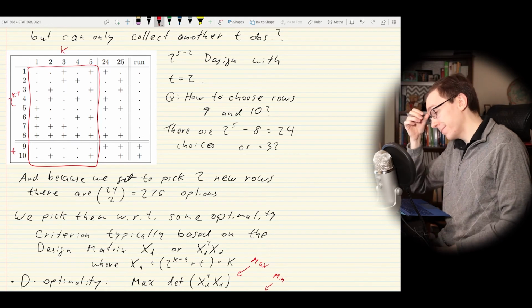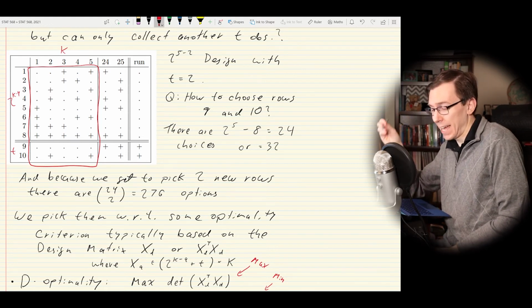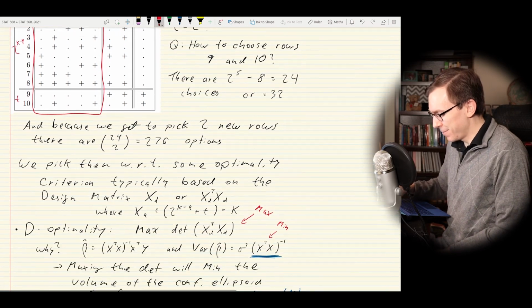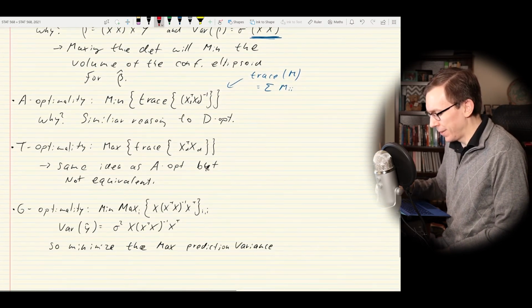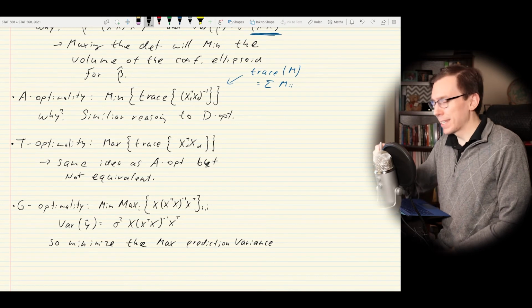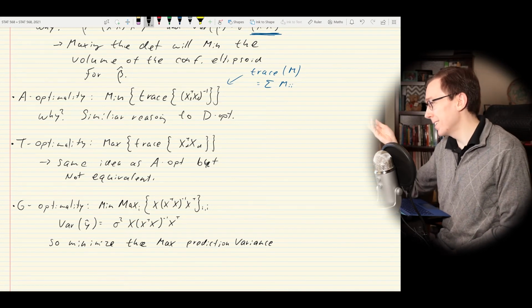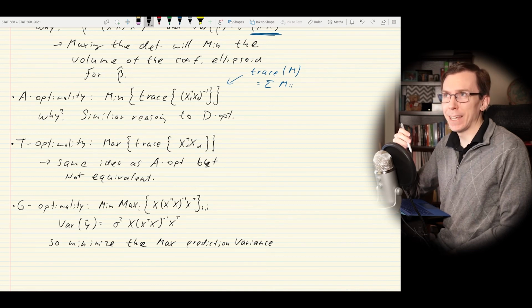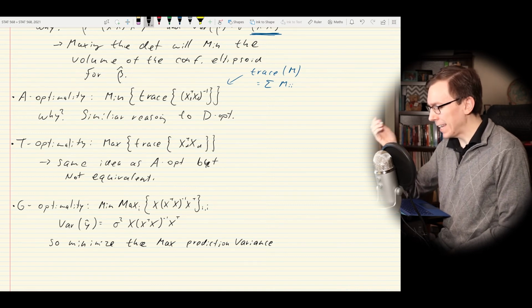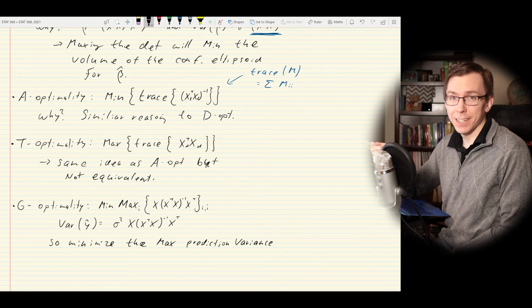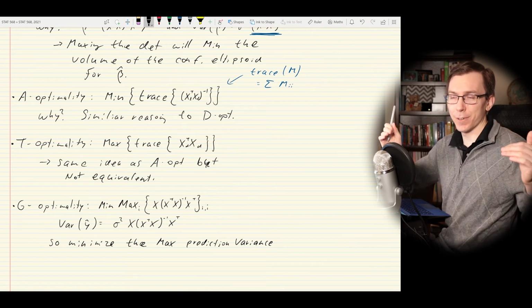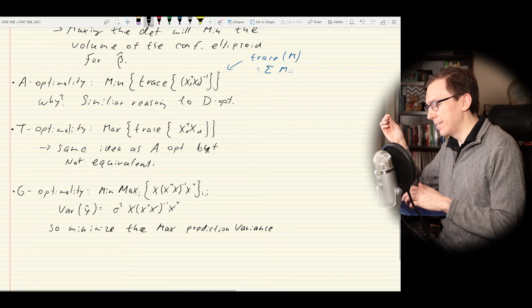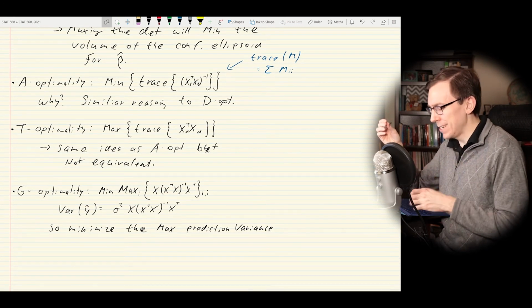So the question is, I have a matrix with some missing entries. What do I fill them in with? Here are 4 different choices for how to fill them in. Actually doing this by hand would be super annoying. Luckily, there are packages in R that allow you to do this. And again, the answer is not necessarily unique. You could have different settings for those rows that give you equivalent optimality under one of these criteria.